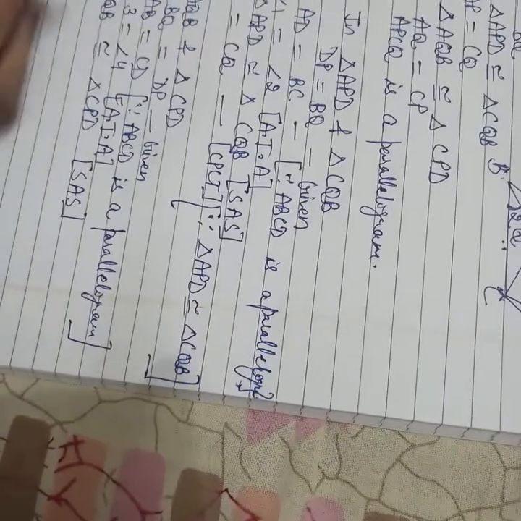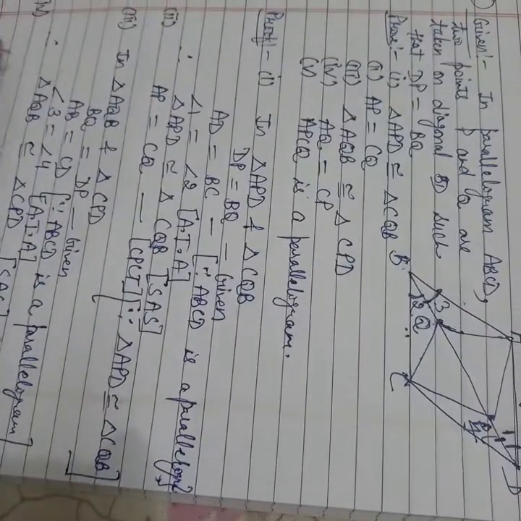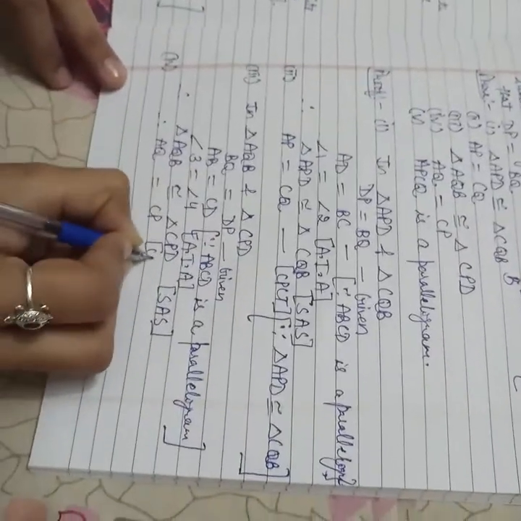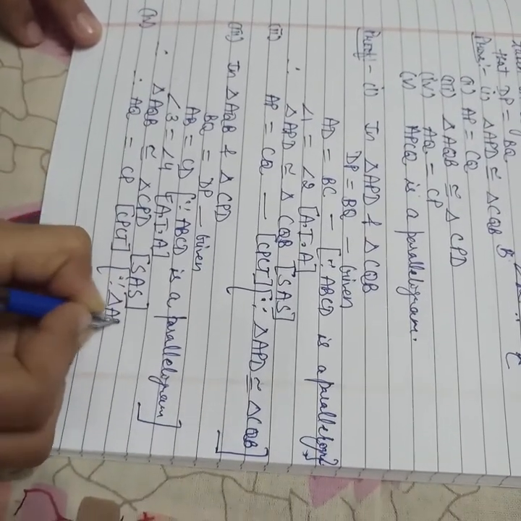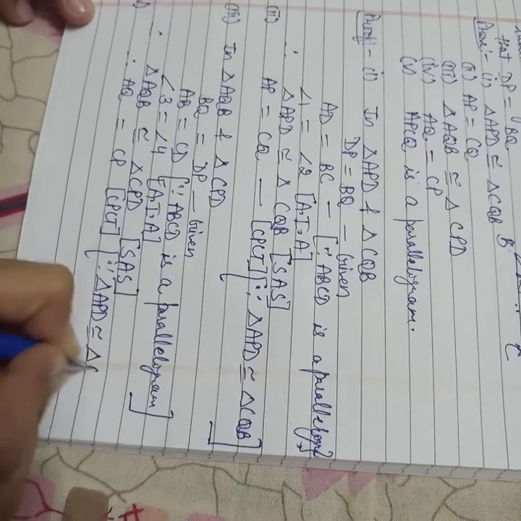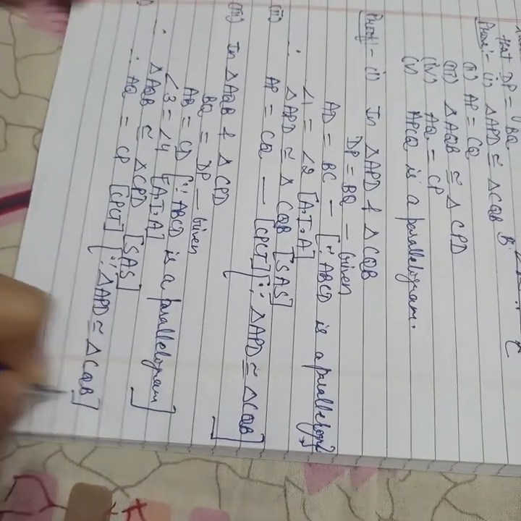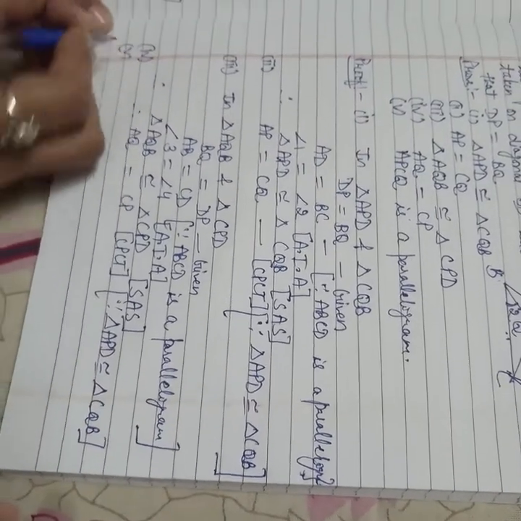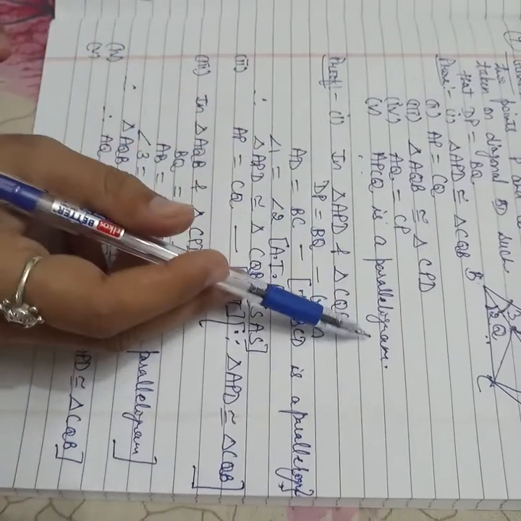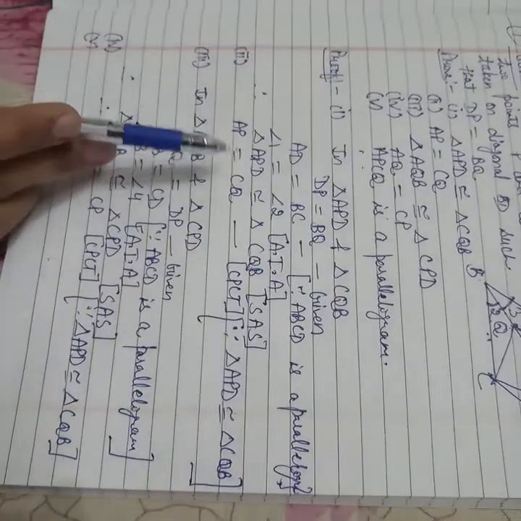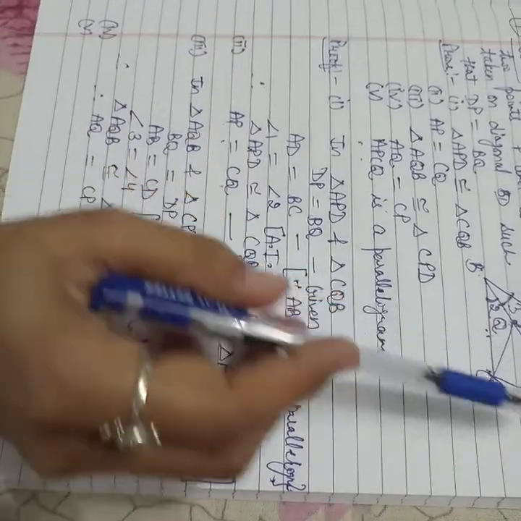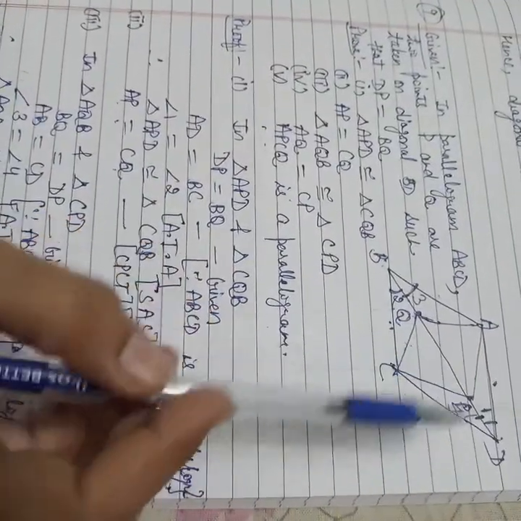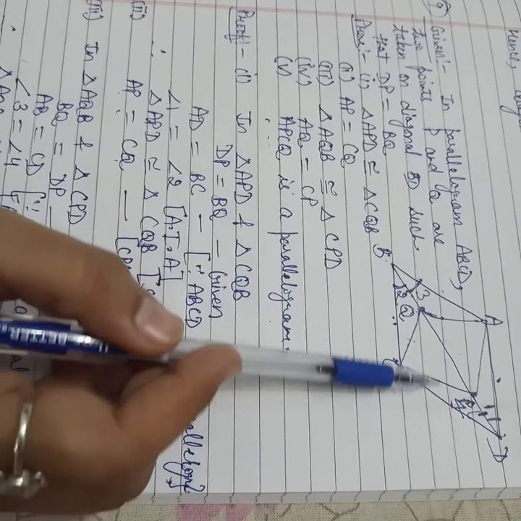Now in fourth part, AQ equals CP. Therefore, AQ equals CP by CPCT because triangle AQB is congruent to triangle CPD. Now in the last part, APCQ is a parallelogram. Now from second and fourth part, AP equals CQ, AQ equals CP.